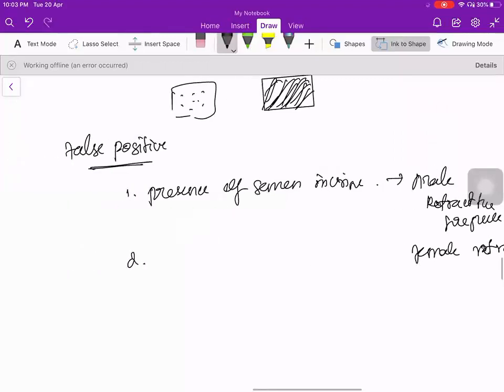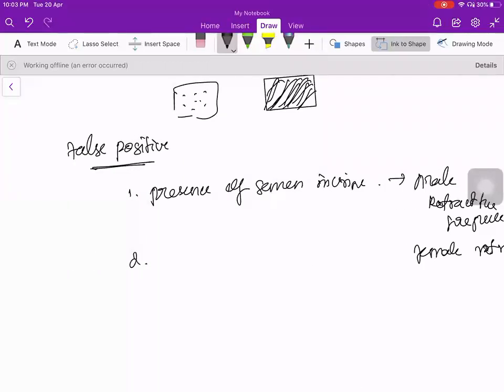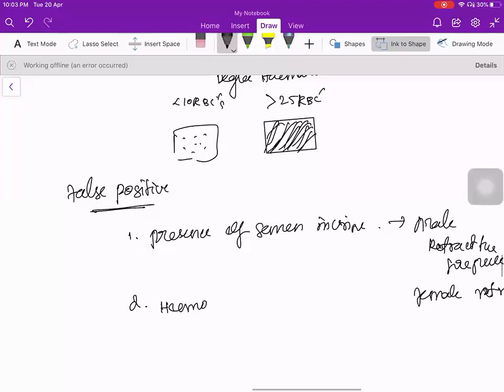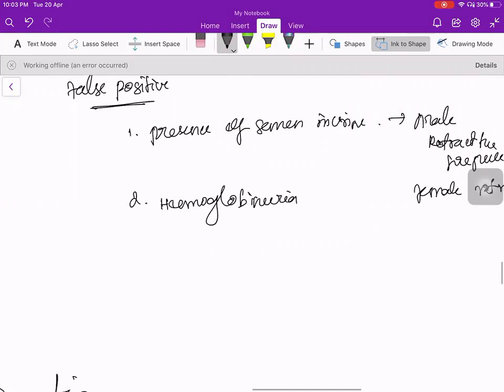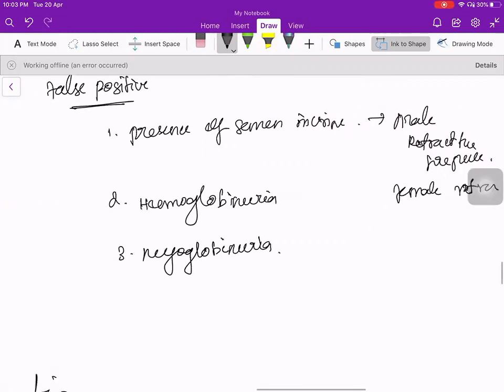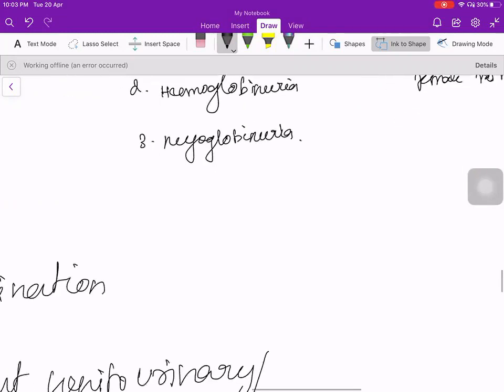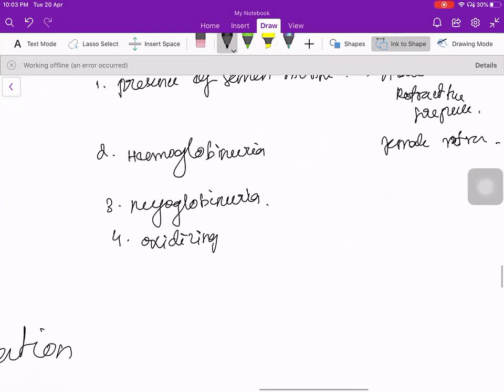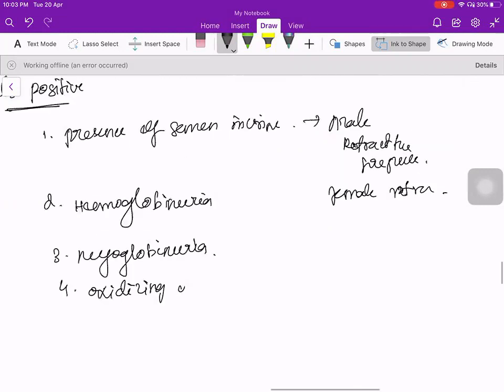What are the other causes of false positivity? That is presence of hemoglobinuria, not RBCs. Another thing is myoglobinuria. And another cause is presence of oxidizing substances, oxidizing agents, because the reaction which is happening is an oxidation reaction.